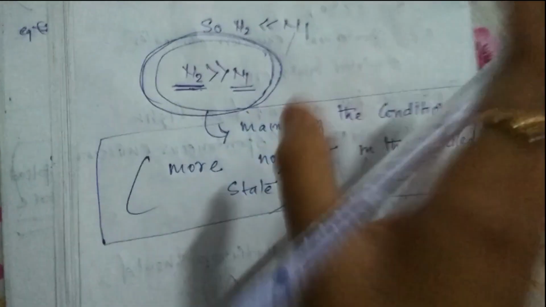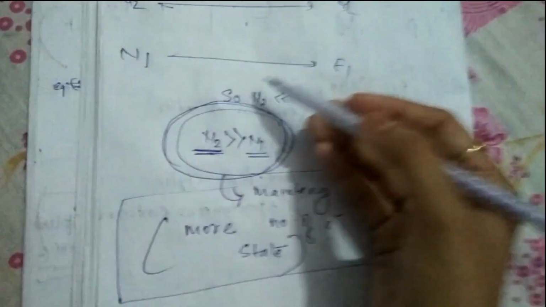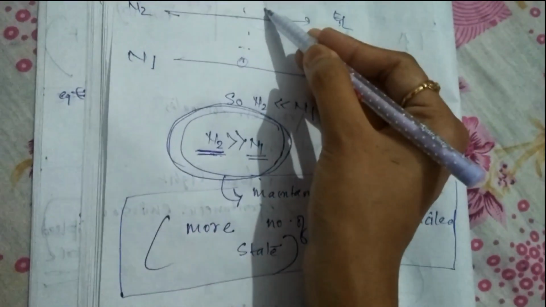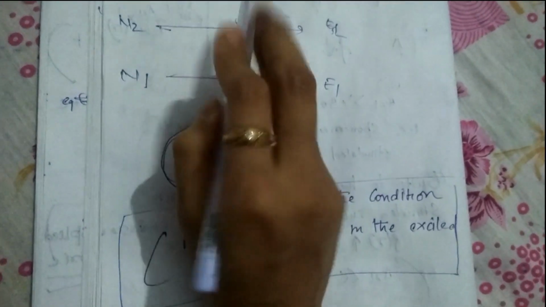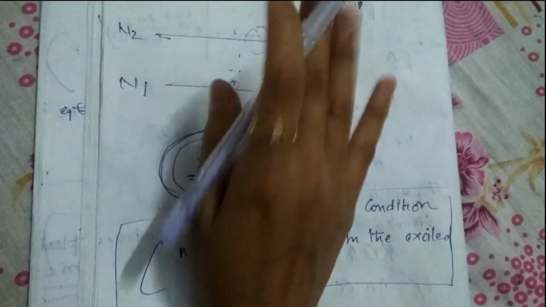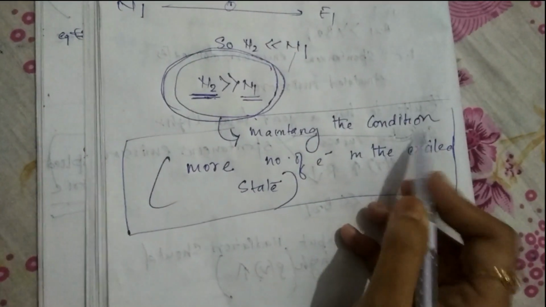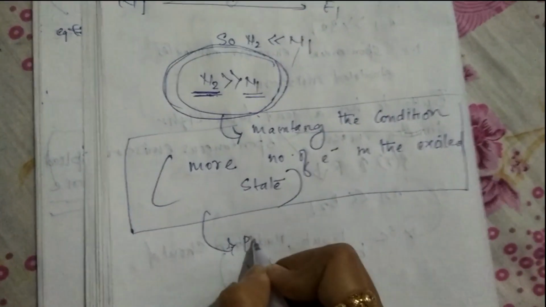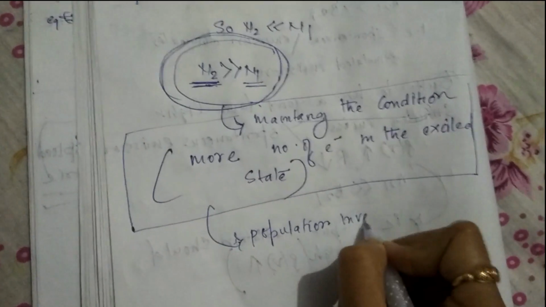Our main motive is to create and maintain more electrons in the excited state to fulfill the necessary condition for stimulated emission, to have a laser light. So this process of maintaining the electrons is called population inversion.